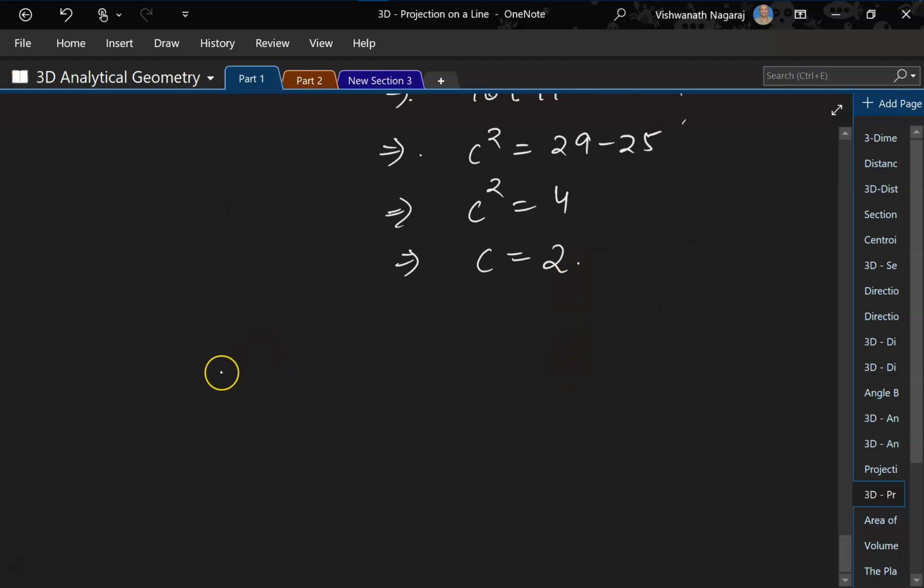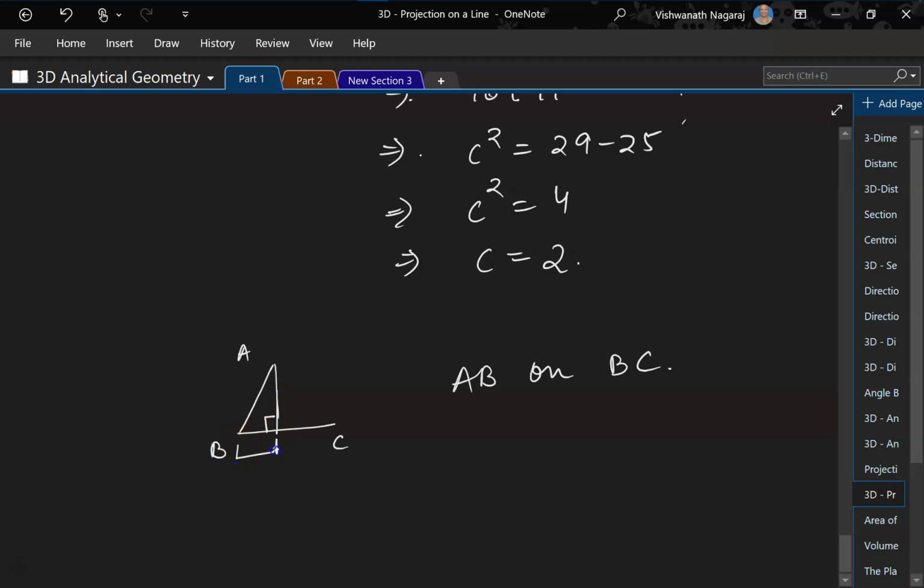Just as a brief summary, let's say we have two lines like this. Let's say this is A, B, and C. Projection of AB on BC: from A, drop a perpendicular.